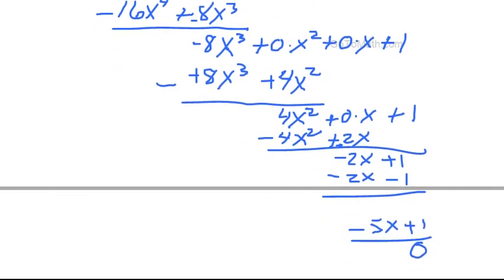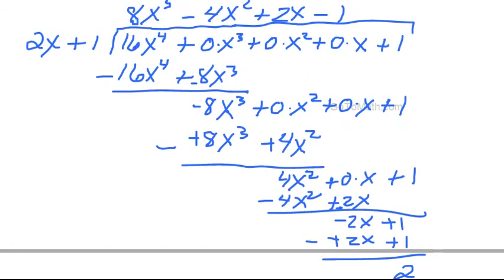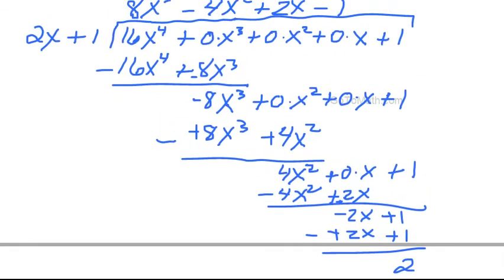And, thought I erased everything from the last problem. I guess not. Okay, so we go minus, makes that a plus, and that a plus. We get 2. I hope that's right. I don't know.